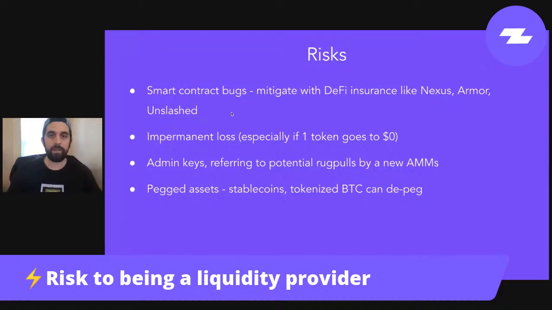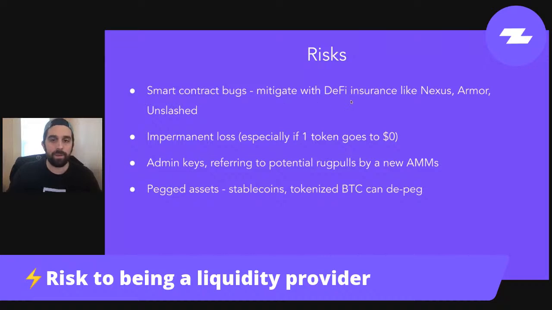Smart contract bugs: if you're using SushiSwap, Uniswap, Curve, Balancer, whatever, everything has the risk of a smart contract bug. But we can mitigate that by doing research on whether the team has had their smart contracts audited. It doesn't guarantee that I will not be at risk of losing my funds, but it is definitely a good thing when smart contracts have been audited.